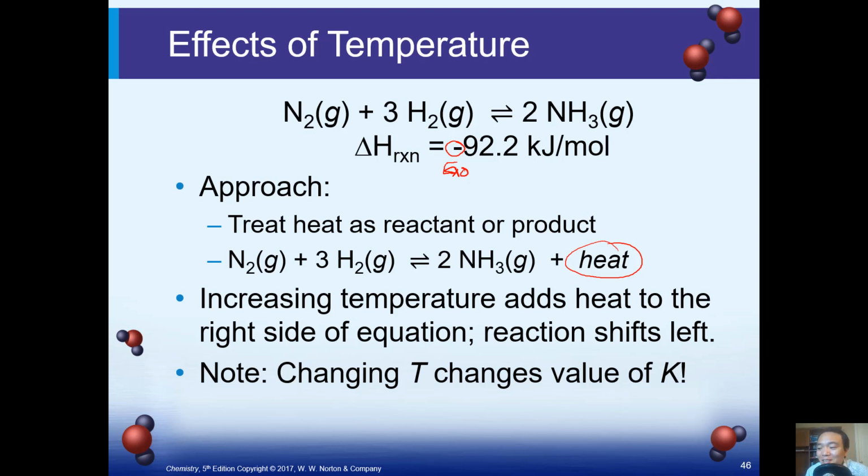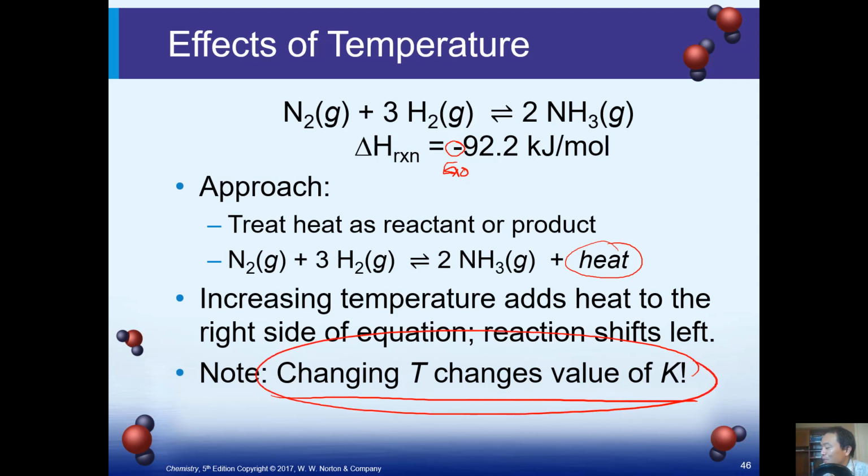It's easier. But the real reason is because changing temperature will change the K. Q will not change because the concentrations have not changed at that moment. But K will change. This is quite important, okay? So K will depend on temperature. Actually, in chapter 18, we'll go into the details about how K depends on temperature, okay?